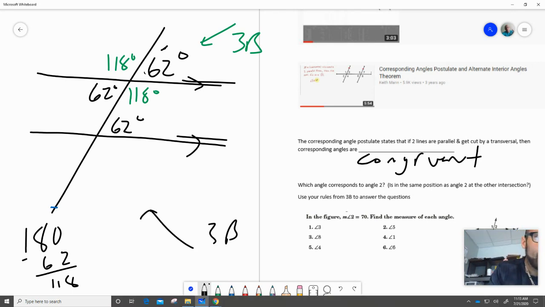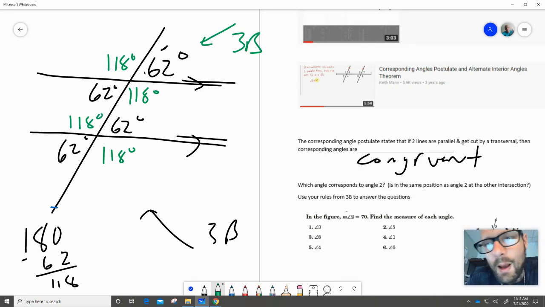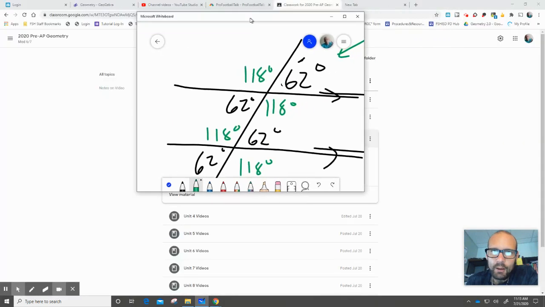Well, now we know that 62-degree angle here, and right there's 118, and right there's 118. Okay. That's only the case when the lines are parallel. Okay. But when the lines are parallel, if we know one, we really know 8, okay? If we know this 62, 3B tells us those 4, and then we could pull those 4 down here at the bottom for that, okay?